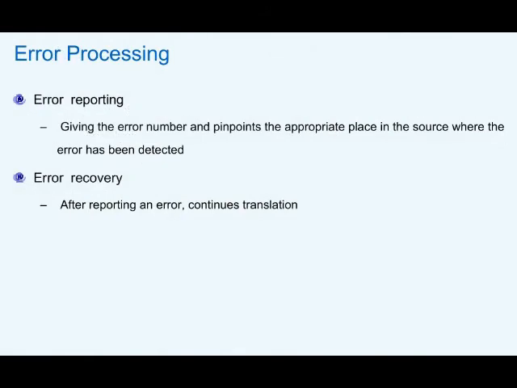And the error processing support module will be reporting the error, that is, specifying what type of error has occurred, where it has occurred, in which part of the program, and it may also recover from it and continue further to complete the translation, so that we get the complete list of the various errors generated during the compilation phase.